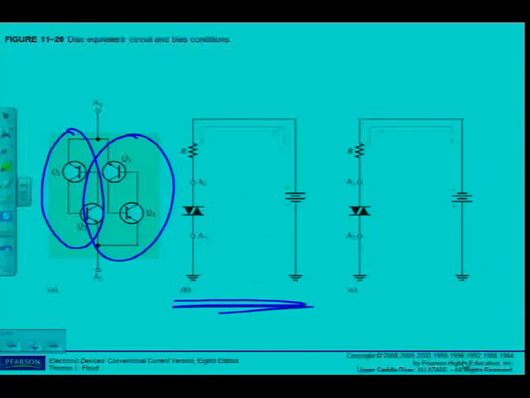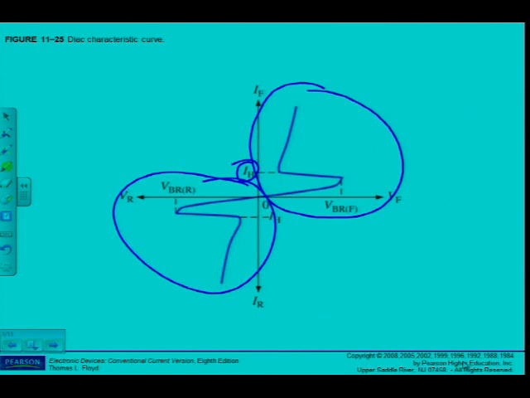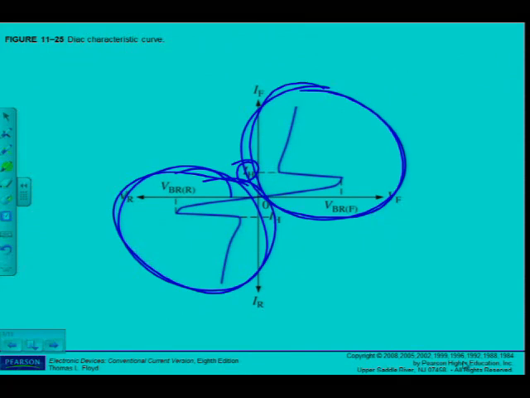Under this condition, the device operates on the lower left portion of the characteristic curve, as we've seen. So in the one direction, on the top right, it is like a normal 4-layer diode that we've discussed, and in the other condition, it conducts in the opposite direction in the lower left quadrant.